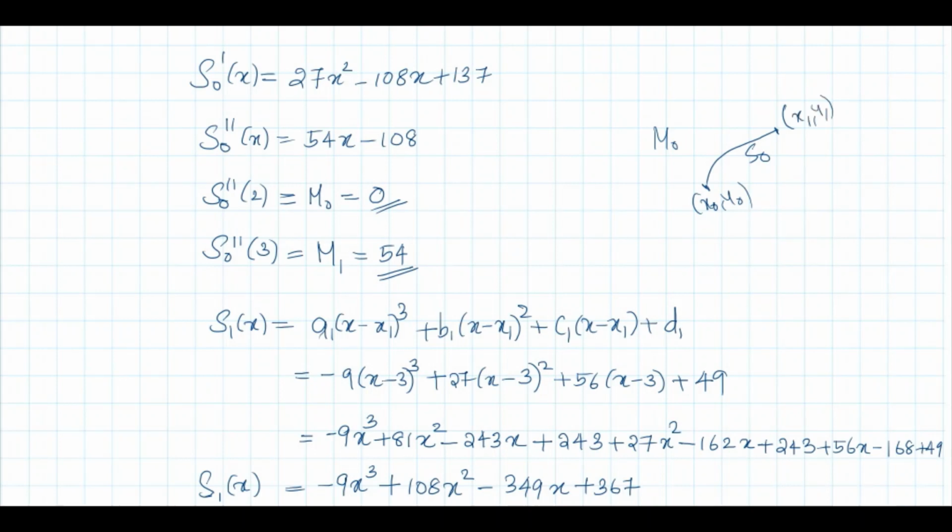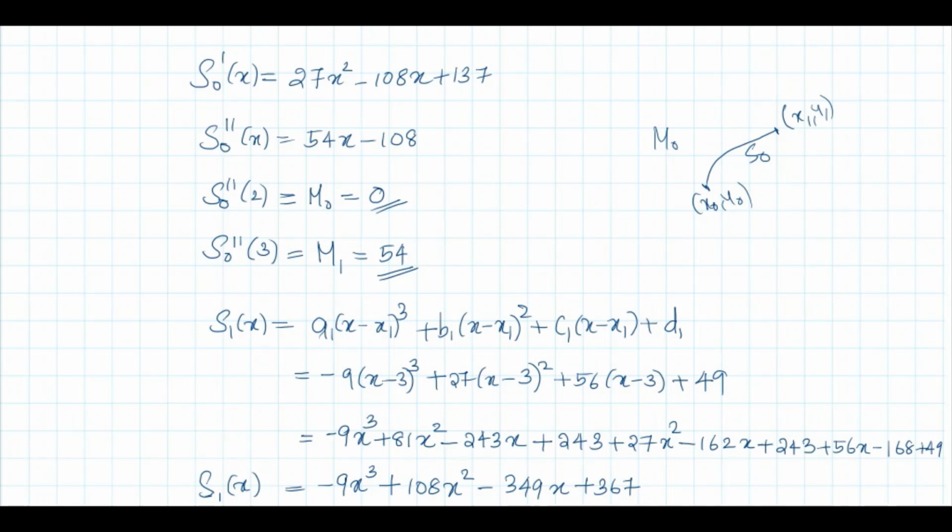If you put x equal to x0, that is 2, you will get m0, which we already took as 0. So from this spline also you should get the same answer. What is m1? Take the second derivative at x equal to 3, and you will get 54. So everything is matching.